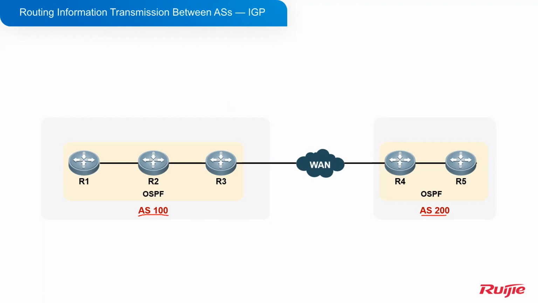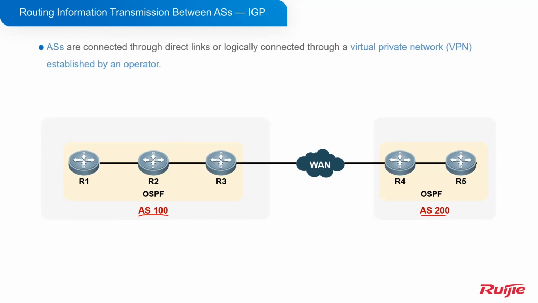So one solution is that between all the routers, you can choose to use an IGP, Interior Gateway Protocol, like OSPF, like ISIS, or maybe another dynamic routing protocol.